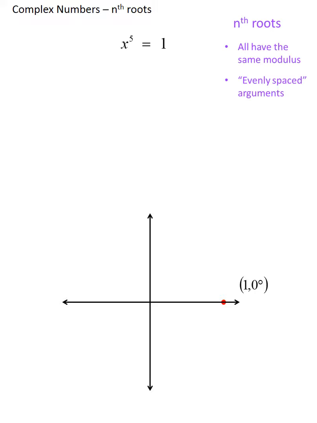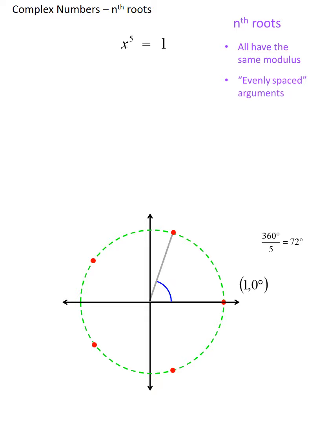Again, we know that they have to have the same modulus, which means that they lie on this circle of radius 1, and we know that they're evenly spaced. What does evenly spaced mean here? Well, if you divide the circle into 5 equal parts, each of these angles here is 72 degrees.